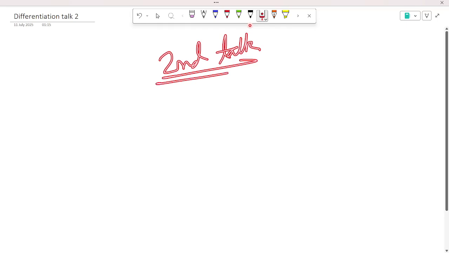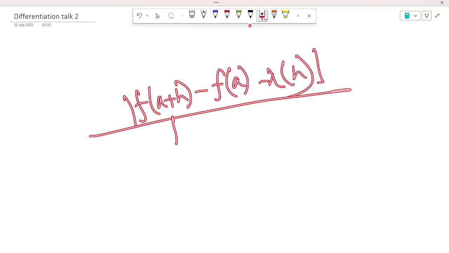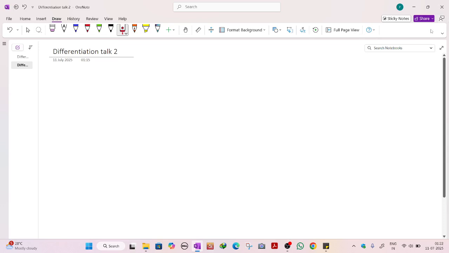Second talk. So in the first talk, we learned what differentiation in Rn to Rn is, in terms of linear transformation. I mean, if there is a linear transformation lambda from Rn to Rn such that the norm of f(a+h) minus f(a) minus lambda(h), divided by the norm of h, has limit 0 as h tends to 0, then f is said to be differentiable at the point a.